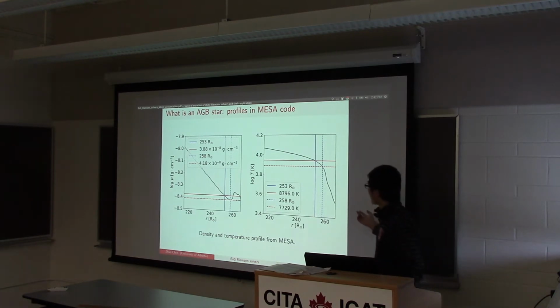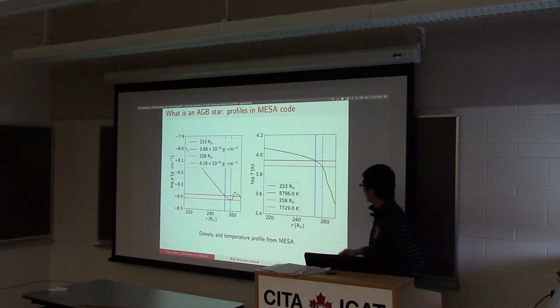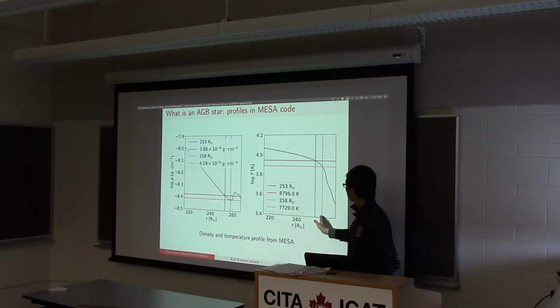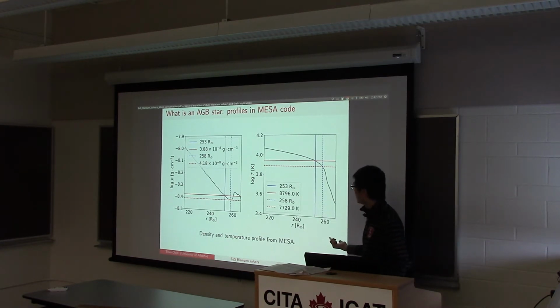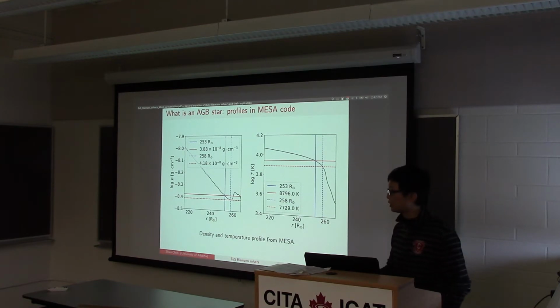Actually, the hydrogen is almost recombined at this point. We also put another radius for the piston, which is slightly inward, 5 solar radii inward, and that's 8,700. So the difference is that at 8,800 Kelvin, the hydrogen ionization is much different.